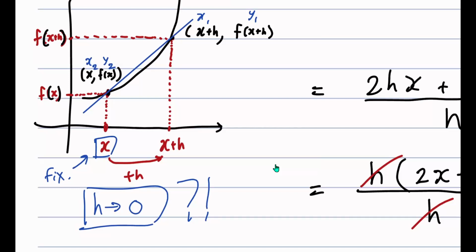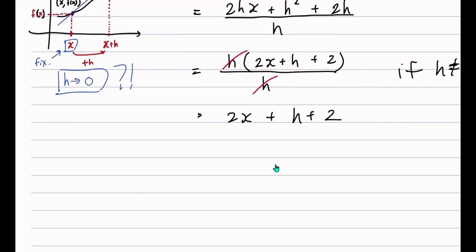Smaller. Approaching fx. I don't know. It's the picture. I think I've shown you this picture before. Maybe I draw it a bit nicer. Let's say it looks something like this. There's my x comma fx, and there's my x plus h comma f of x plus h.